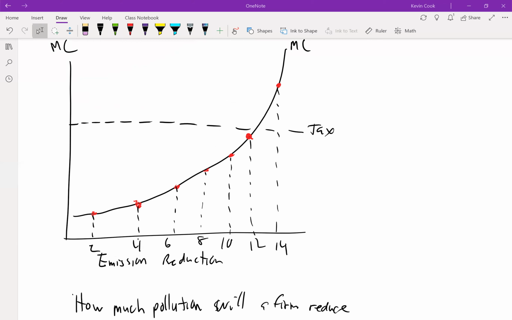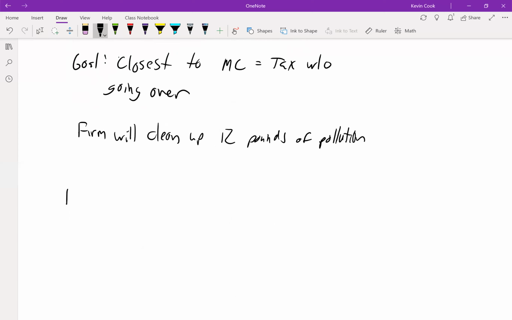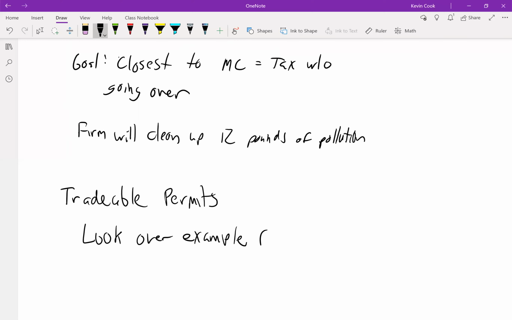And then we did the same thing with tradable permits. With these, look over the example from class that dealt with these, and really just be comfortable with it.